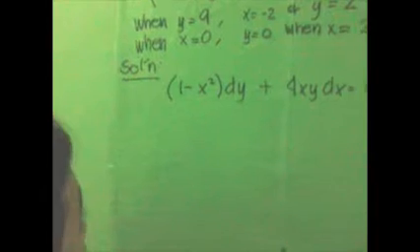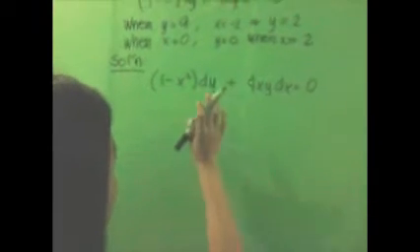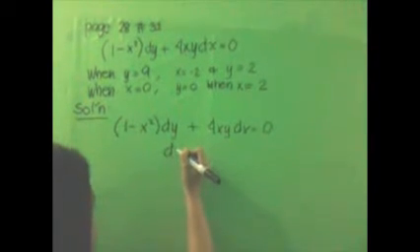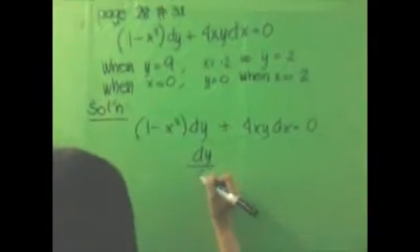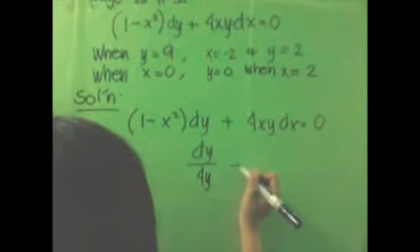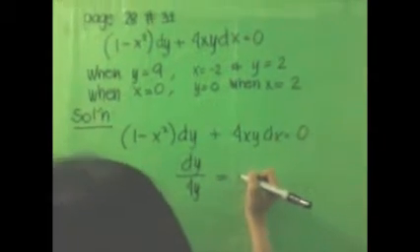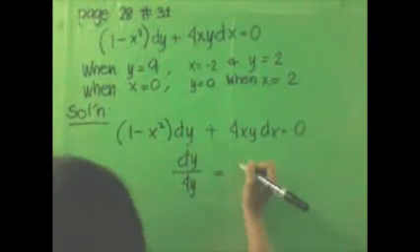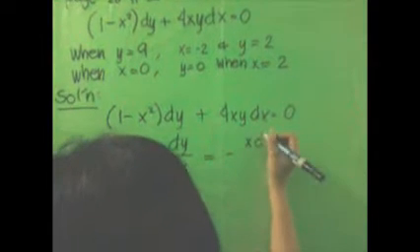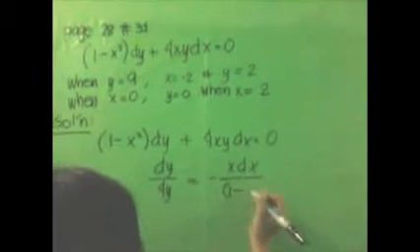Now, separating the y variables from the x variables, we have dy over 4y is equal to the negative x dx all over 1 - x^2.